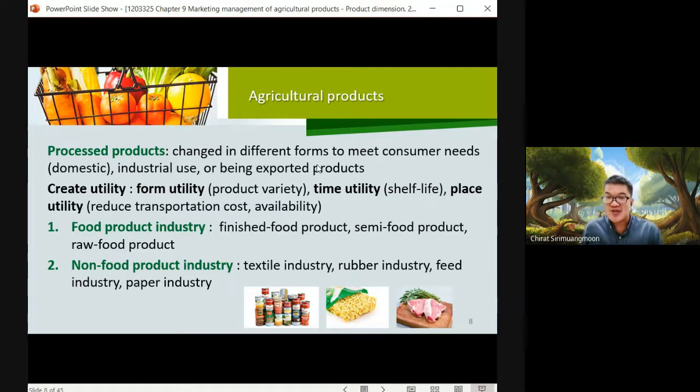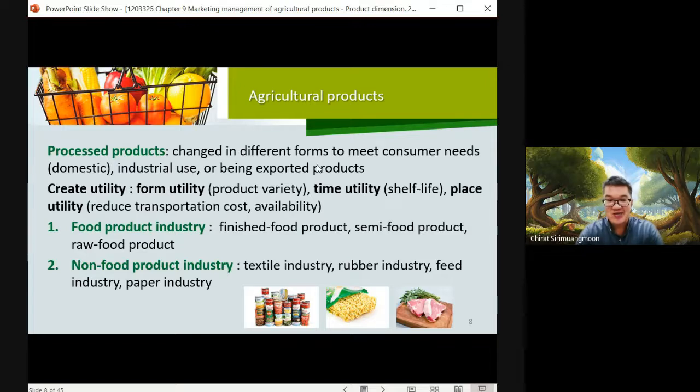So this we call semi-product. Or sometimes it can be the raw food products too. They just change the form. They just cut it. Maybe think about the fish. You just remove the skin, just have the white meat of the fish, and then it is used in the other industry.